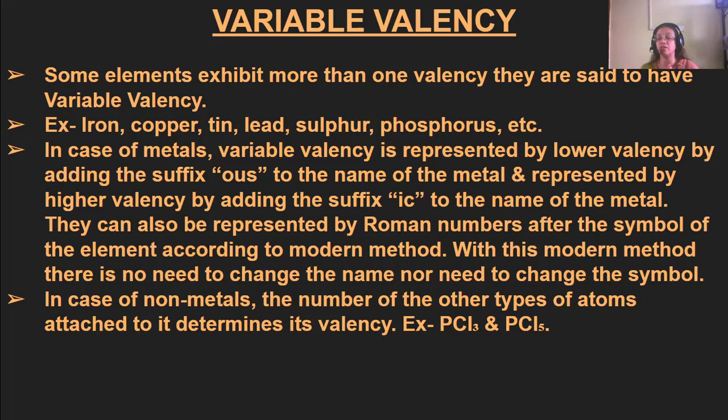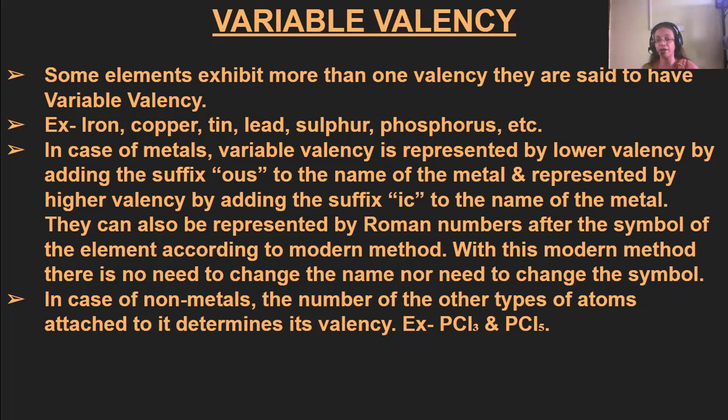In the case of metals, the lower valency is represented by adding the suffix "ous" to the name of the metal, and the higher valency is represented by adding the suffix "ic."